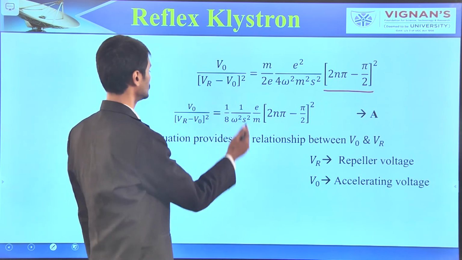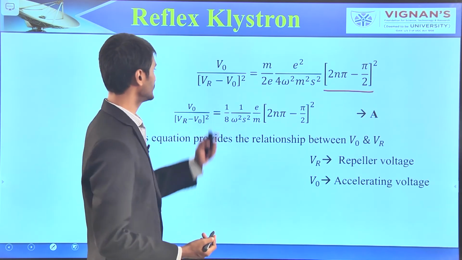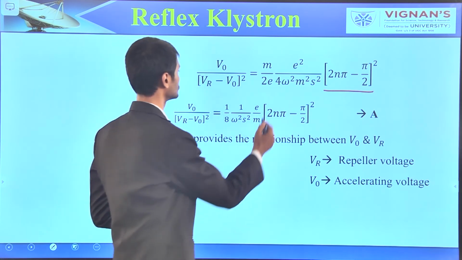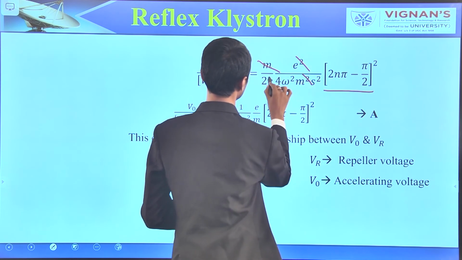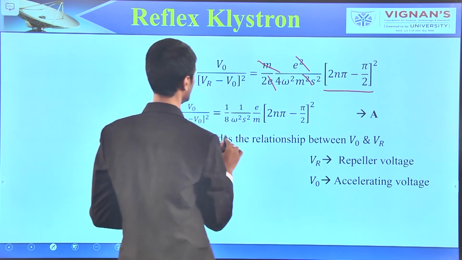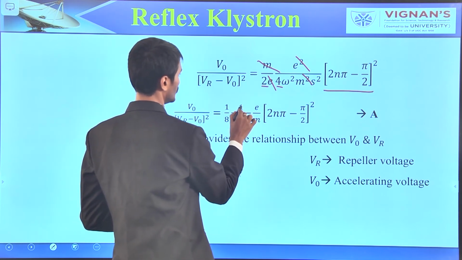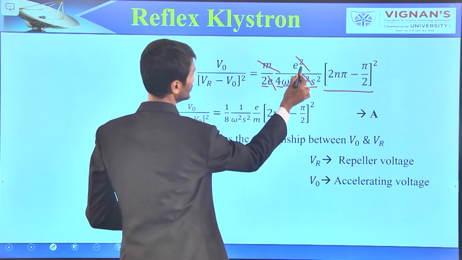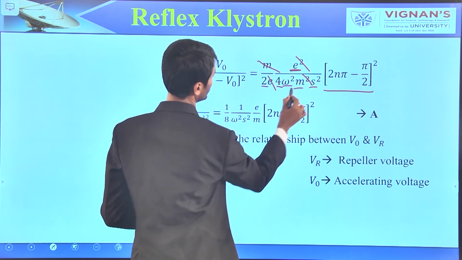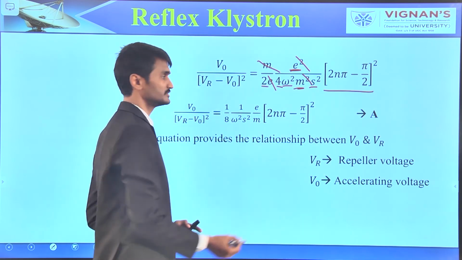Cancel the terms wherever applicable. Now rearrange and simplify the equation: m square and e square get cancelled. So here it is 4 into 2, that is 1 by 8 into 1 by omega square s square into e by m into 2n pi minus pi by 2 whole square, which is equation capital A.